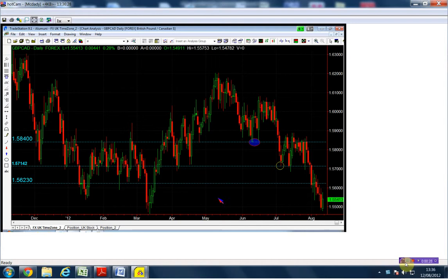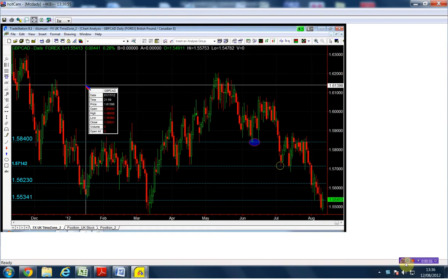Now, here when it comes to the beauty of the horizontal line, if you look here, you've got a structural point at 155.56.